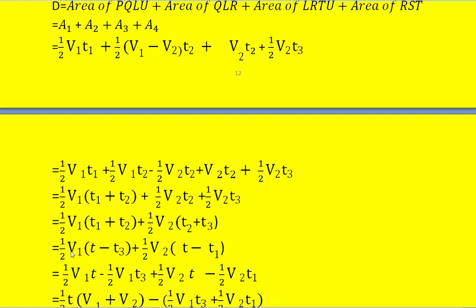Now we replace, as per procedure, this T1 plus T2 in terms of T and T3. So half into V1 into T minus T3. This comes because small t is equal to T1 plus T2 plus T3. From that we get this, plus half V2, and we replace T2 plus T3 in terms of small t and T1, that is T minus T1.